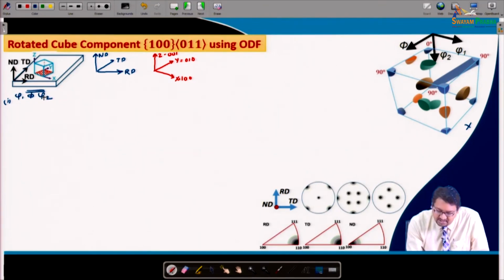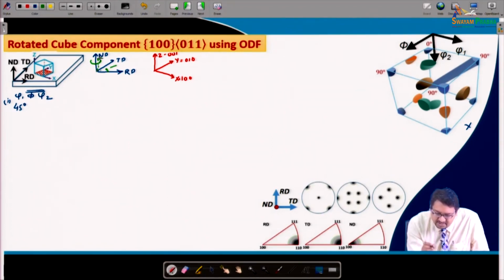Now, if we consider to observe the first component along phi 1, phi, phi 2, we can notice that if we rotate along ND by 45 degrees, then we are rotating the specimen axis about ND using the right hand thumb rule like this by 45 degrees, to rotate the RD here and the TD somewhere here, right.